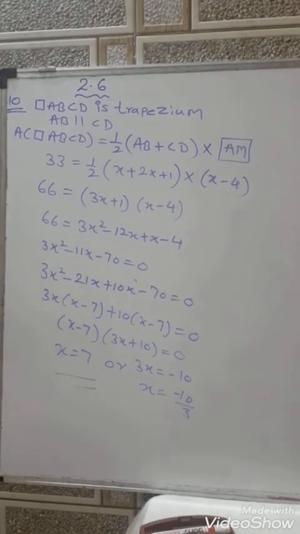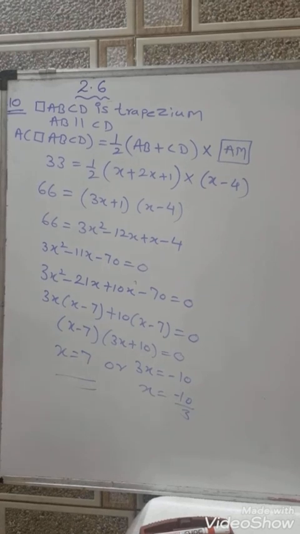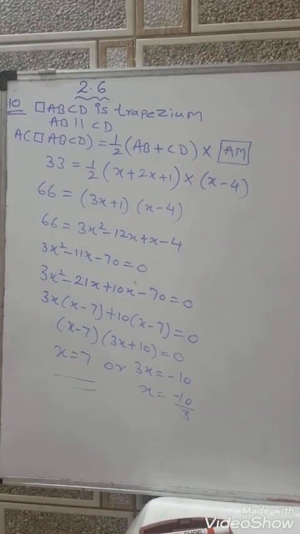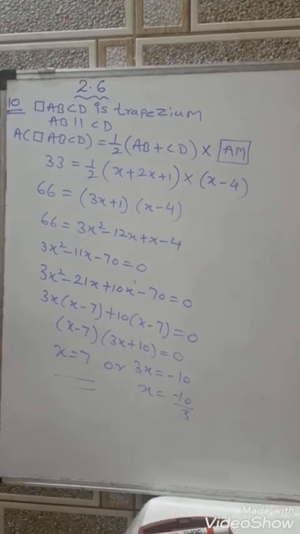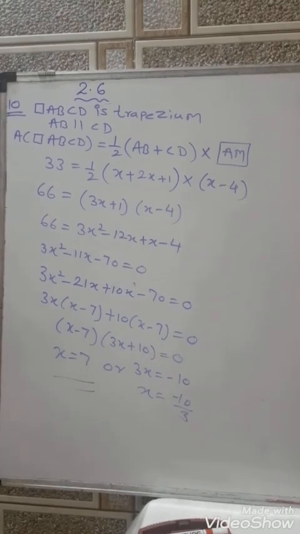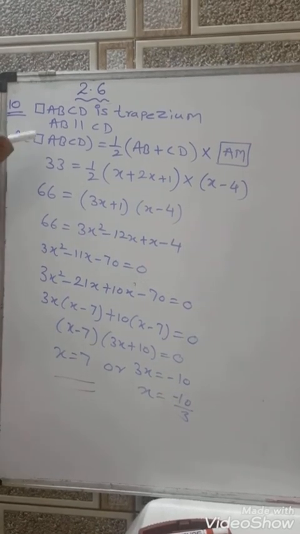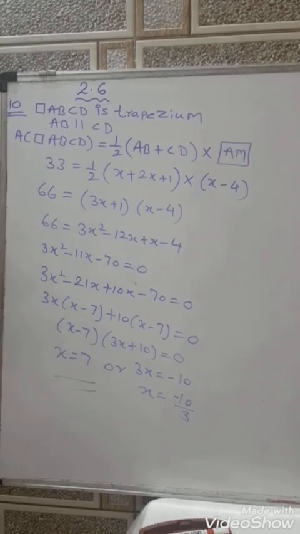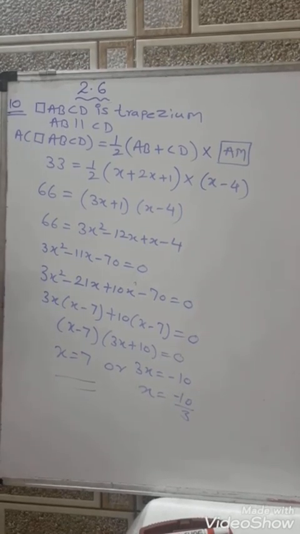Then they use the formula for the area of a trapezium. What is the formula? Half into the sum of the parallel sides into height. So area of ABCD is half into AB plus CD into AM.